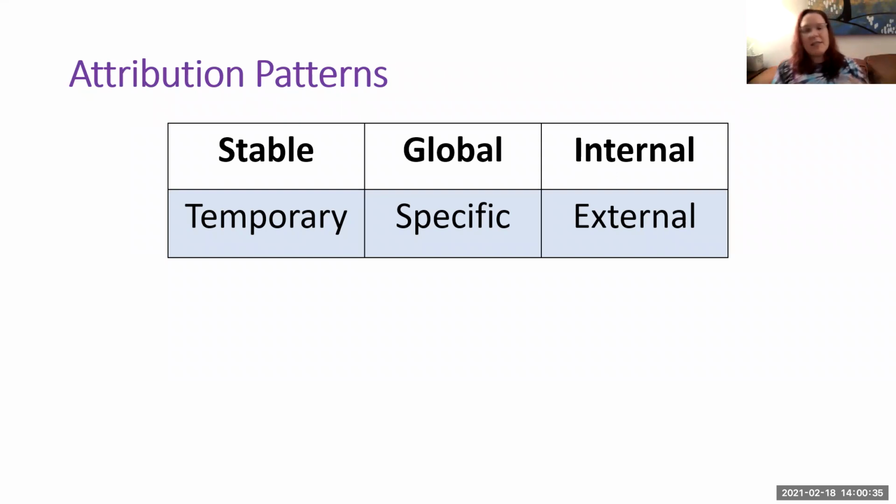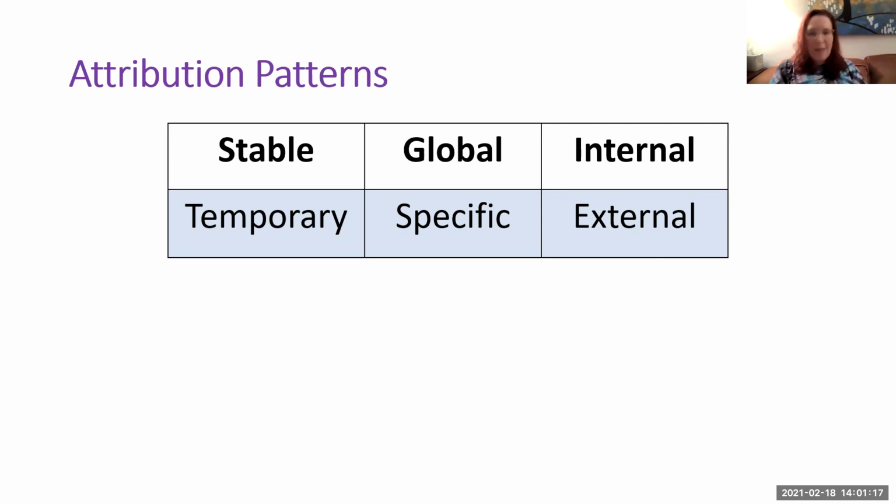So instead of saying somebody is really good at math in particular, we might say something like, this person is good at school, or they're really smart, instead of the specific application of the explanation of they are good at math. So global is where the cause is applied to a whole bunch of different things. Specific is where the cause of the behavior is really limited to the behavior in question in a narrow way.